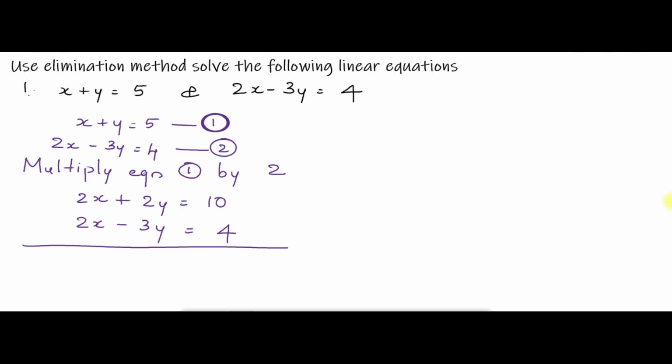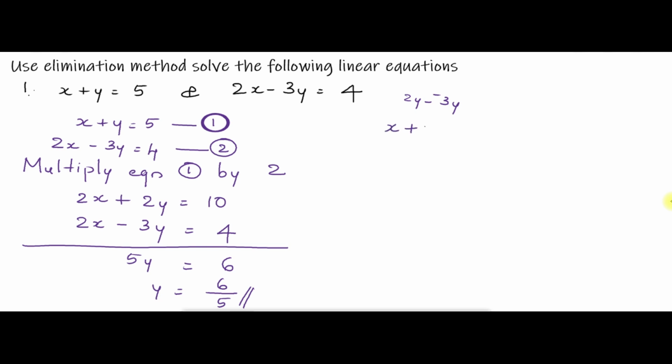So 2x minus 2x is equal to 0. 2y minus (minus 3y) is equal to 5y. 10 minus 4 is equal to 6. Therefore, y is equal to 6 divided by 5. Now, you are going to substitute this y in the first equation.